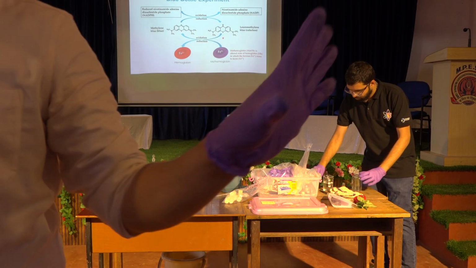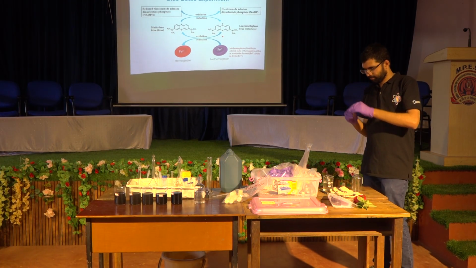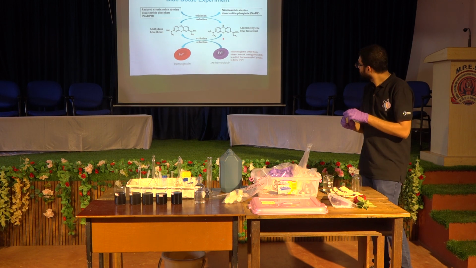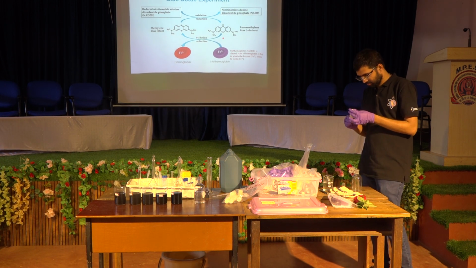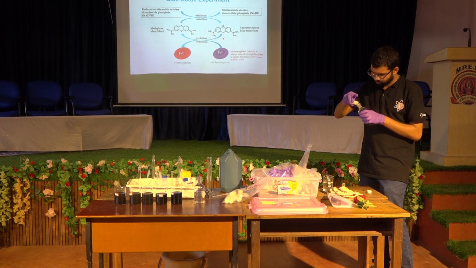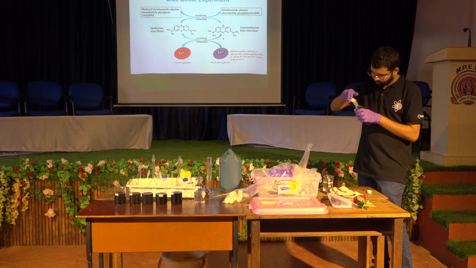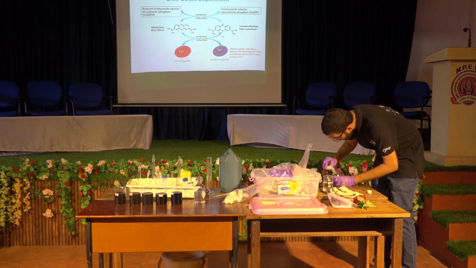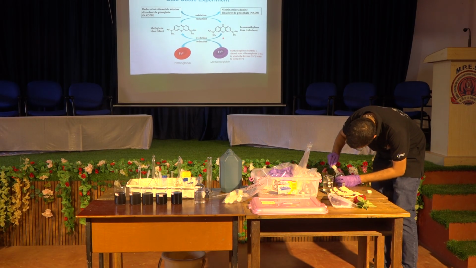The same reduction you can do using NADPH. Have you heard about NADPH? It's a reducing agent in our body. Everybody has it. So if methylene blue is injected in our blood, NADPH is already there, and that will reduce methylene blue to colorless. The reduction will happen.